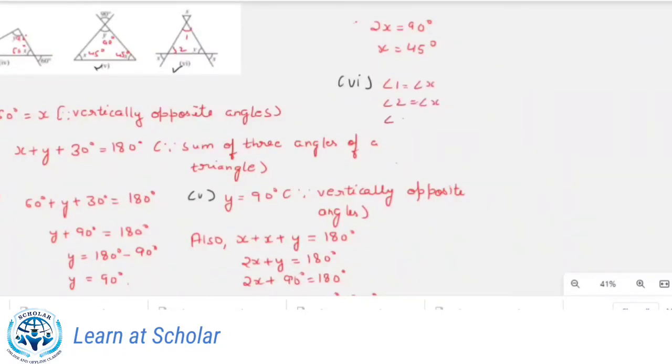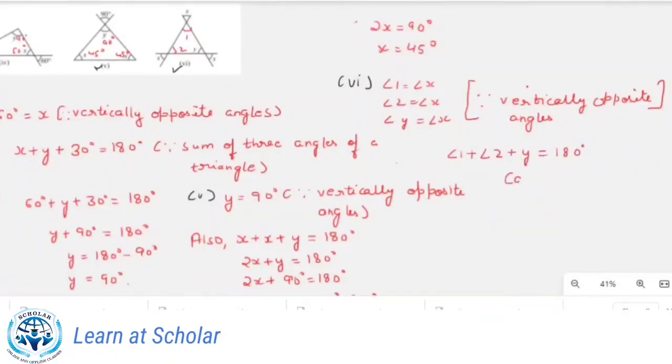Angle 1 is equal to angle x, angle 2 is equal to angle x, and angle y is equal to angle x, because all these are vertically opposite angles. These three pairs are vertically opposite. Angle 1 plus angle 2 plus angle y is equal to 180 degree. Angle sum property of the triangles.